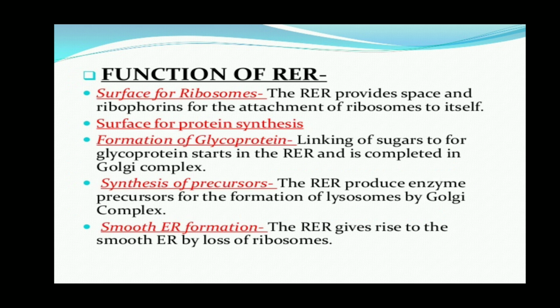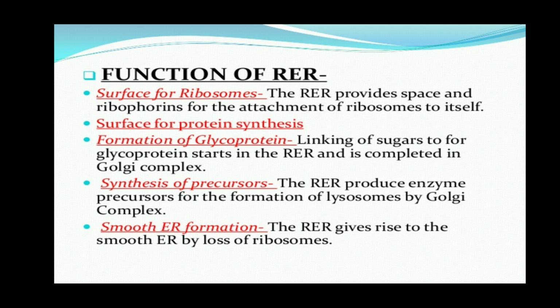The functions of the rough endoplasmic reticulum are these: it provides the surface for the attachment of ribosomes, and also the surface for protein synthesis, as protein synthesis takes place in the rough endoplasmic reticulum.